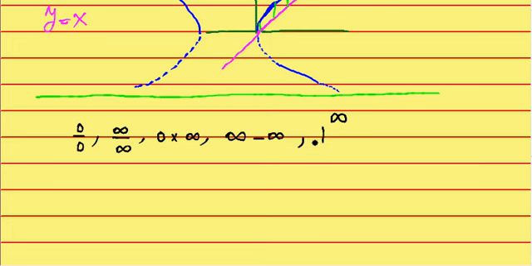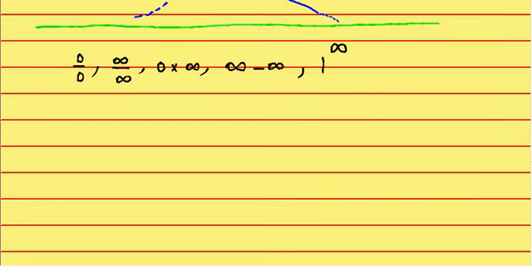That's a little bit harder than what we have so far. What's an example of this? Perhaps the most famous example that you have seen is the following: 1 plus 1 over x to the power of x as x goes to infinity.